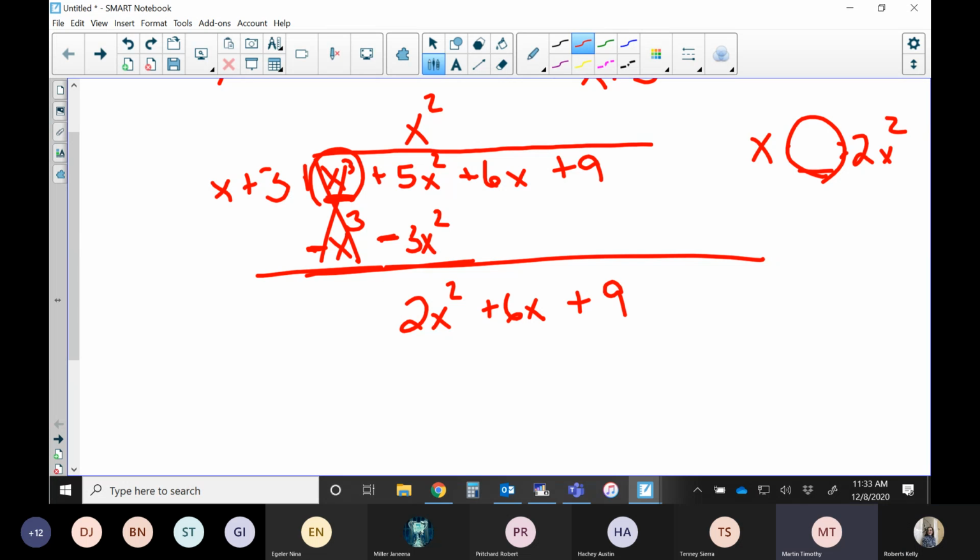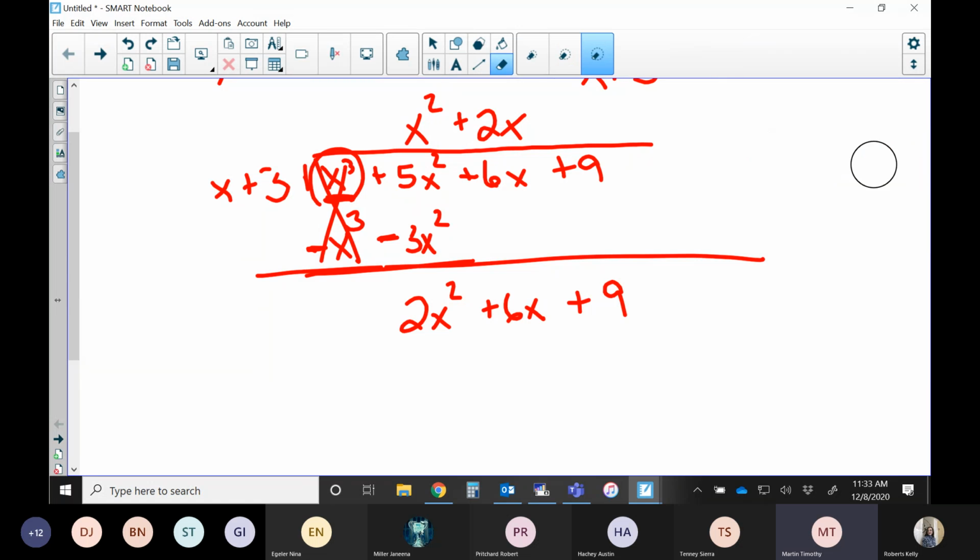A 2x. And so notice I'm going to put that above the x spot, that same kind of place value. Does that make sense so far? Yeah. Now, what am I going to do with the 2x? Jonah, what do you think I'm going to do with that 2x?